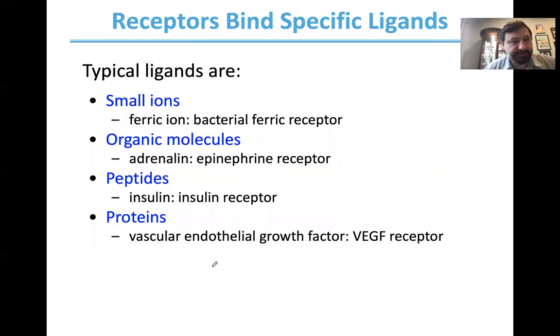So those are receptors. Now the typical ligands for the receptors could be as small as ions. So for example, ferric ion, right? So ferric ion, you know, it's iron 3+, as opposed to ferrous ion, which is iron 2+.